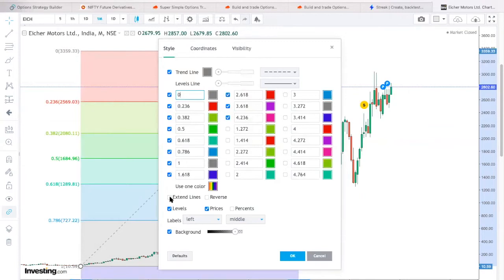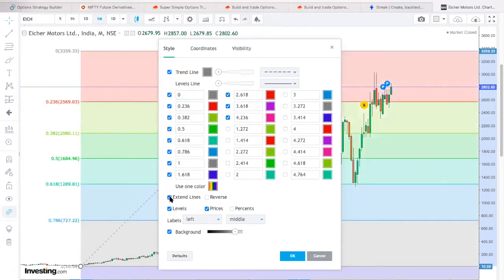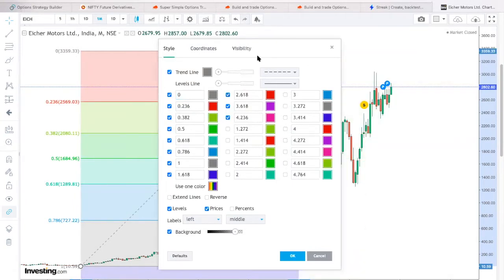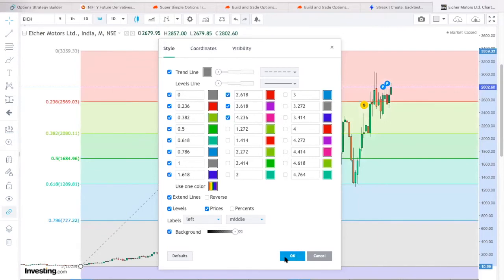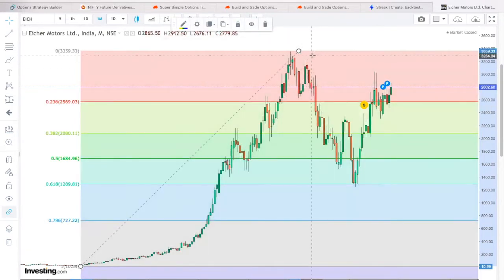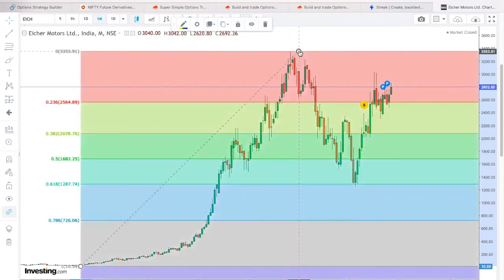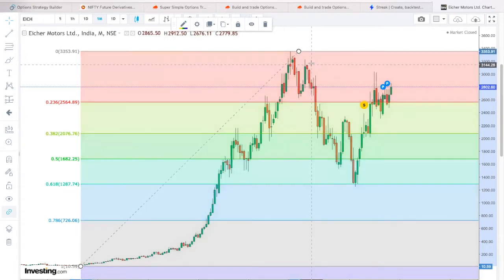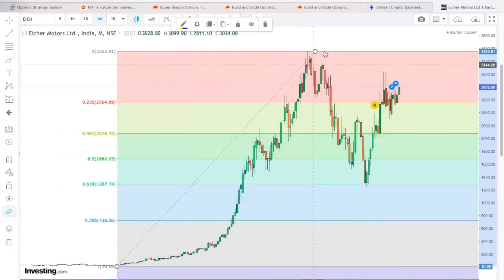We need to click on extend lines in the settings. So if you click so, carefully observe, there is no color here, there is no rainbow. So you are just extending the rainbow to the right hand side, that's all. Either you can extend the rainbow or you can do it manually also. Manually you will make mistakes. That's the reason I'm using the extended lines.